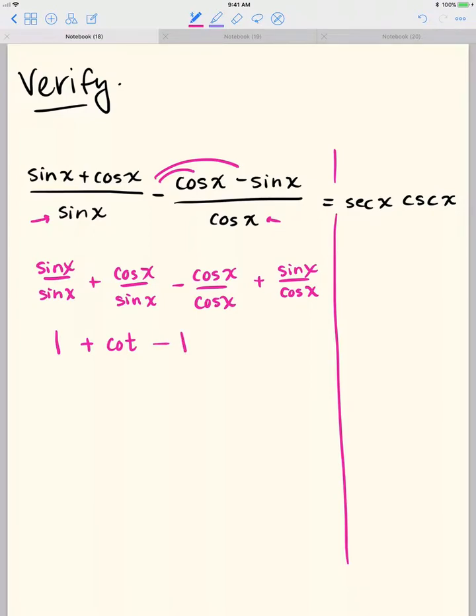And sine over cosine is tangent. So we have cotangent plus tangent, and we need that to be secant times cosecant. So it still looks like we're going to have to do some fraction work, because cotangent is cosine over sine, and tangent is sine over cosine.